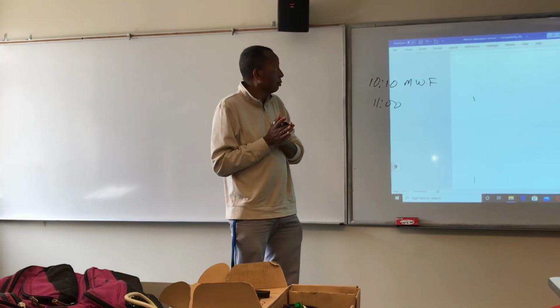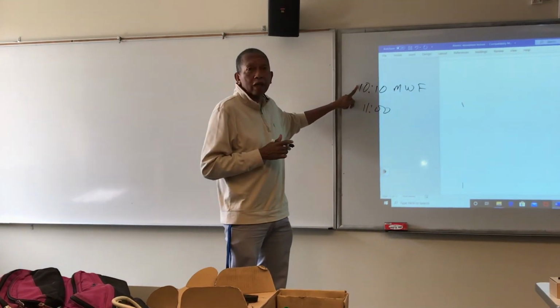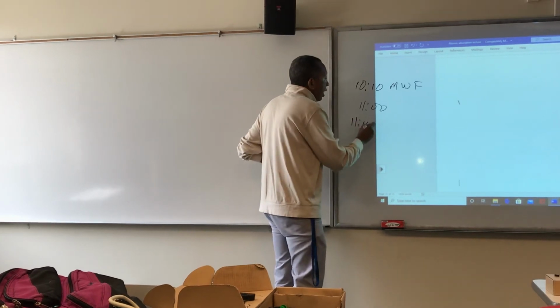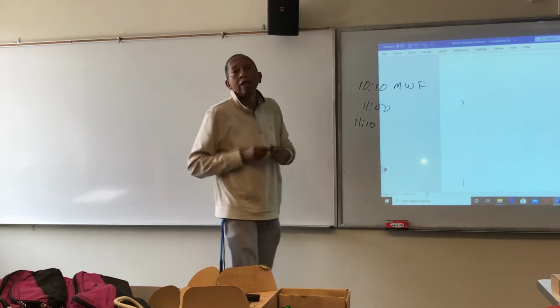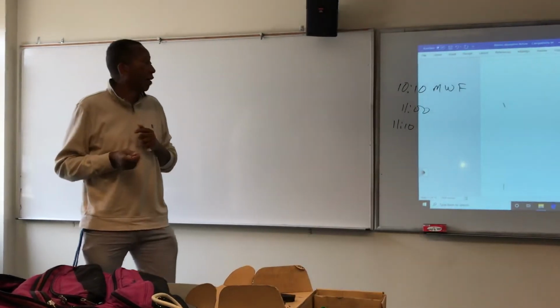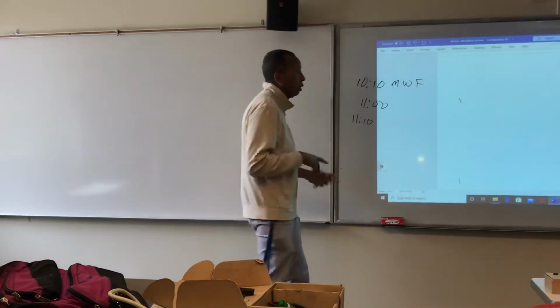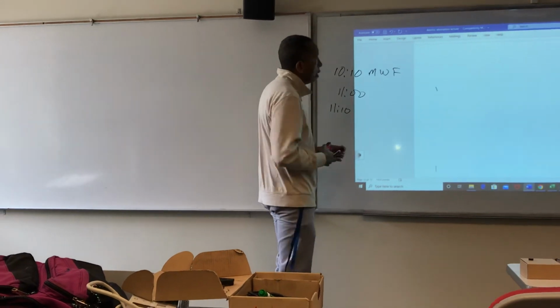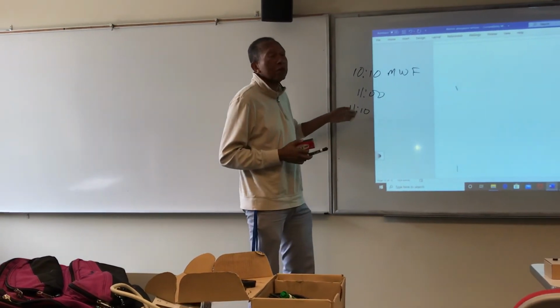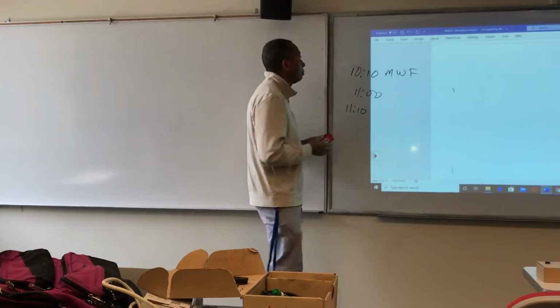The exam starts at 10:10, it ends at 11, and you have until 11:10 to get your answers in my email box. Any answers that come after 11:10, I'm not grading them. So you have 10 minutes. Just scan it and get it to me in 10 minutes, and then I'll grade it.